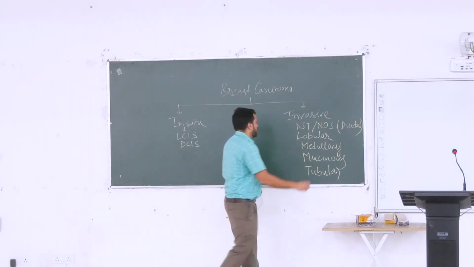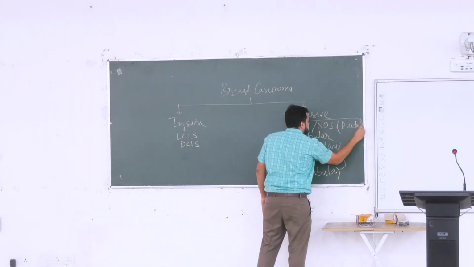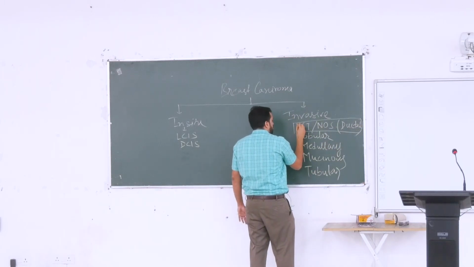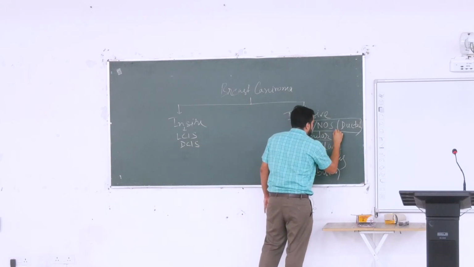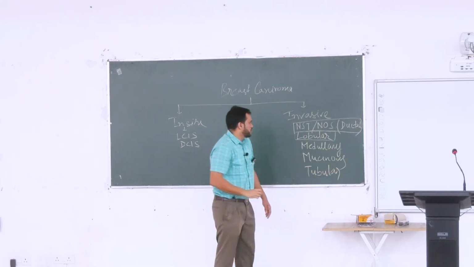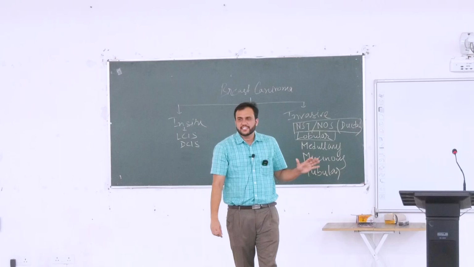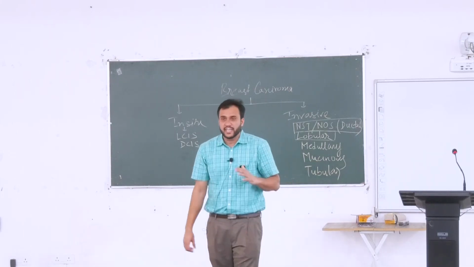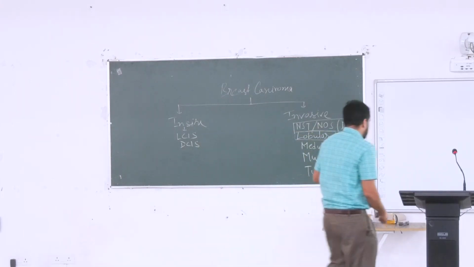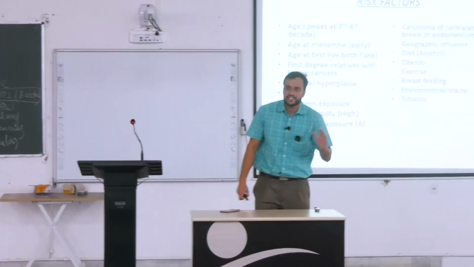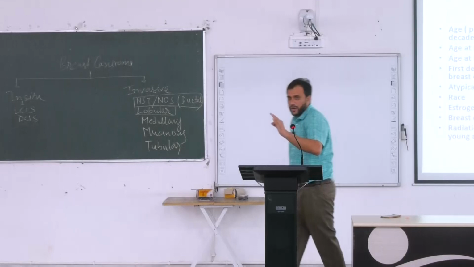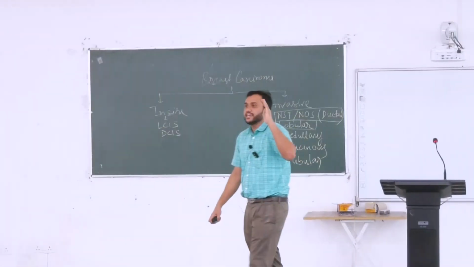So our topic for today would be NST, no special type or not otherwise specified, and I'll be explaining a little about lobular carcinoma also. Read about the various variants of invasive carcinoma in detail. For viva purposes they may ask you the various types, but for exam purposes, NOS or NST can always come.